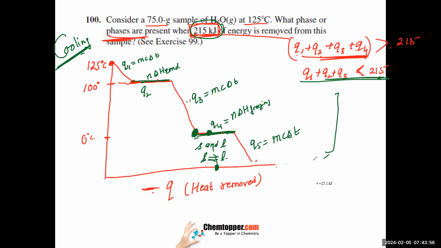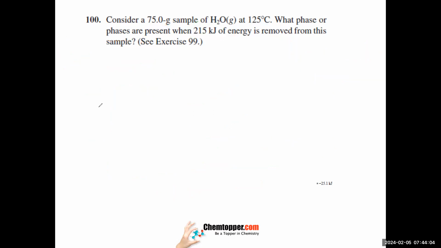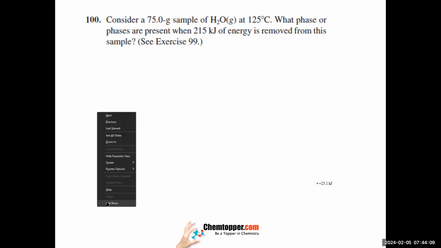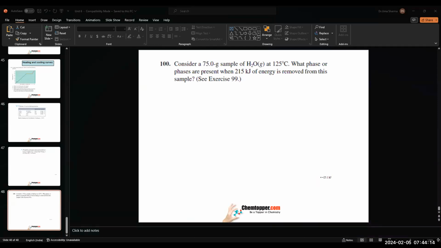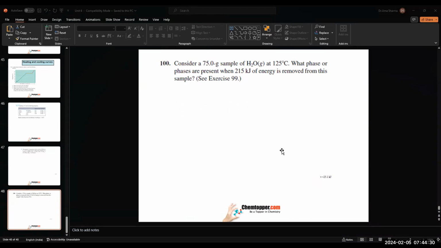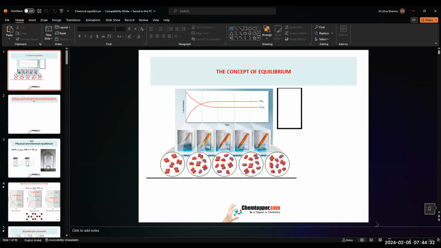Ready for the new unit? We are starting a new unit. The new unit is chemical equilibrium. And children, it's a very big unit, but it's very interesting and very simple. But the same thing will become very complicated if you don't follow, if you miss the class, or if you join late, then you start missing the concepts.